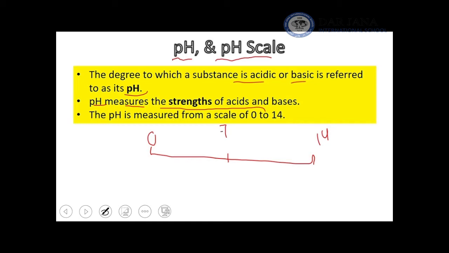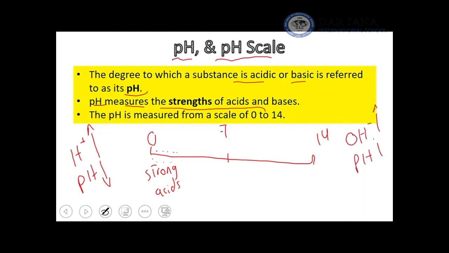So as I said at the beginning, the higher the concentration of hydrogen ions is, the stronger the acid is, and the lower the pH goes. So at low pHs here we have strong acids. And the same, the higher the concentration of hydroxide ions is, the higher the pH goes.